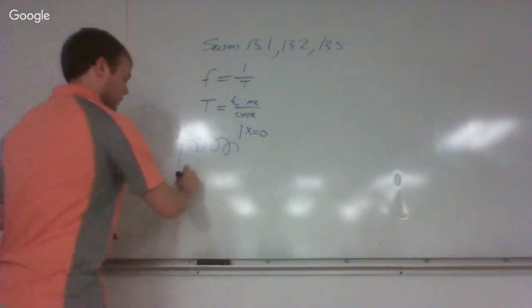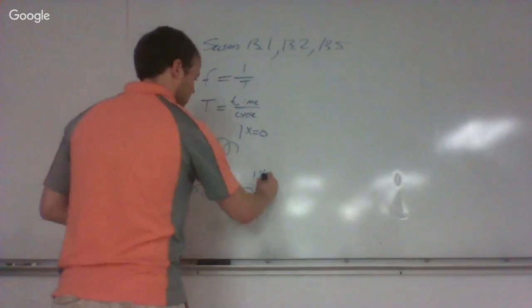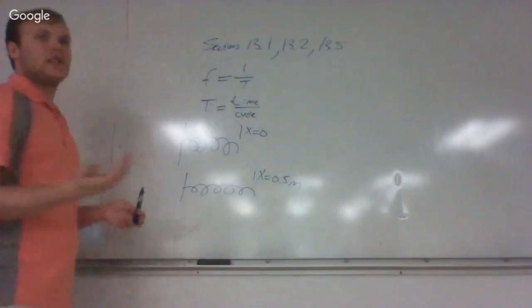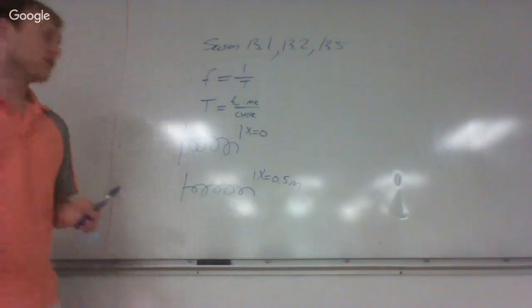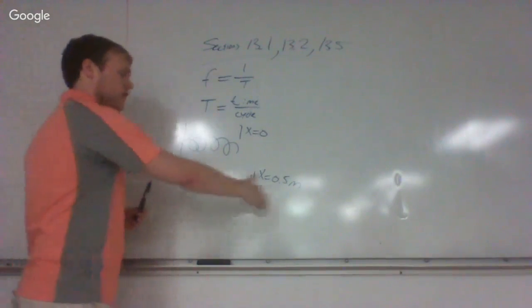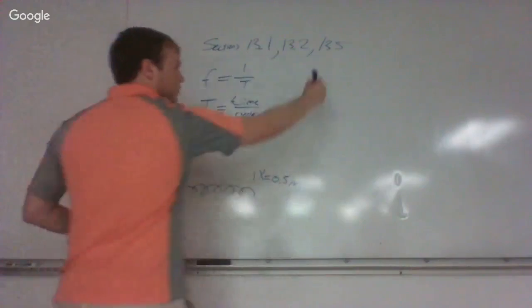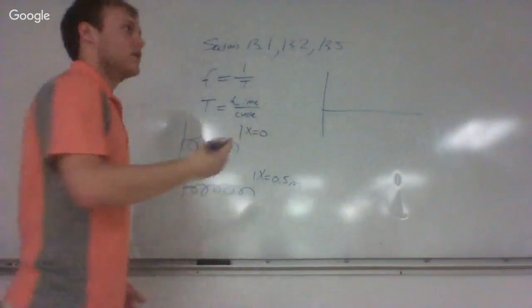Now we're going to pull the spring. Now it's at x equals 0.5 meters, right? We're going to release the spring. What's going to happen is this spring is going to oscillate between 0.5 meters and negative 0.5 meters. And it's constantly in and out, in and out, okay? And what that generates would be a sine curve.